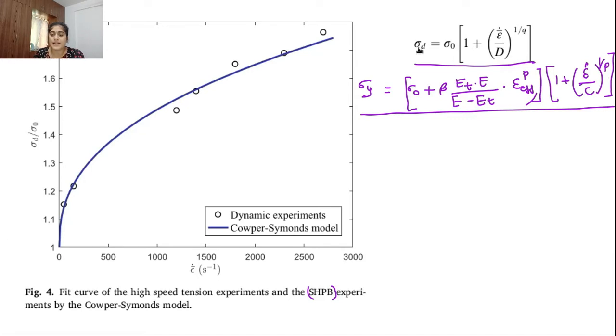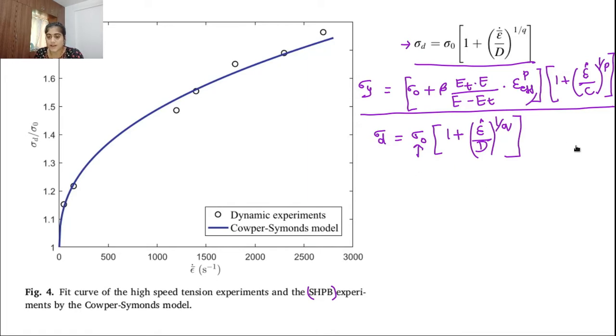So if I write according to this equation, sigma D equals sigma naught times 1 plus strain rate over D, to the power of 1 over Q. What do you know here? Sigma naught is the static yield stress.